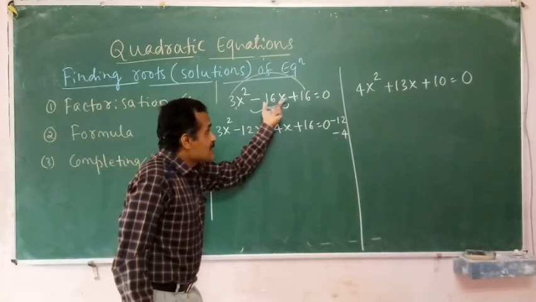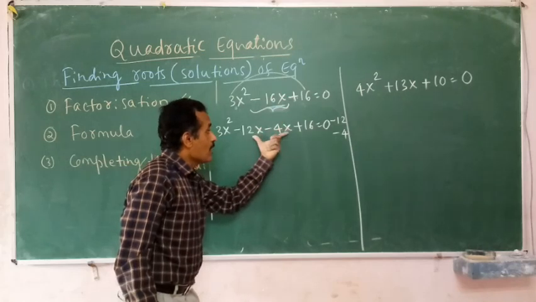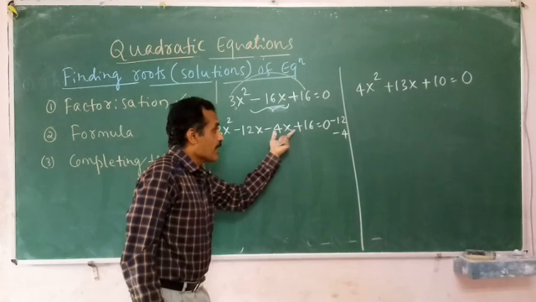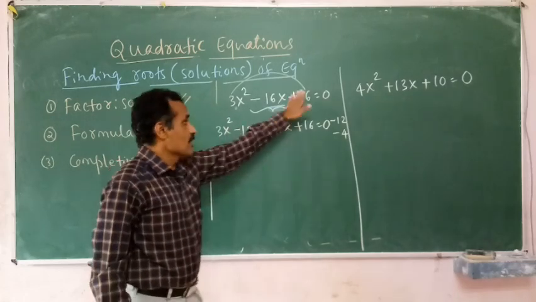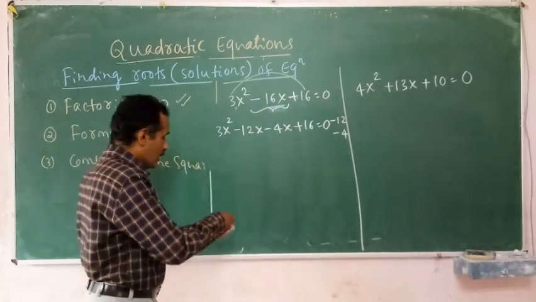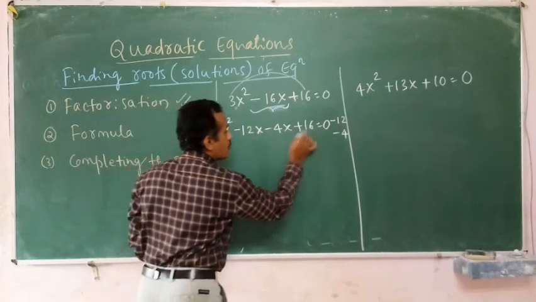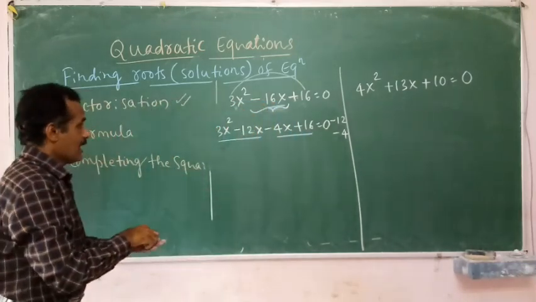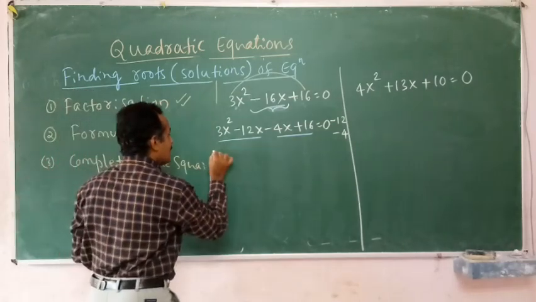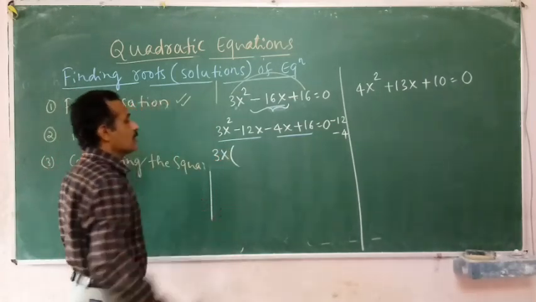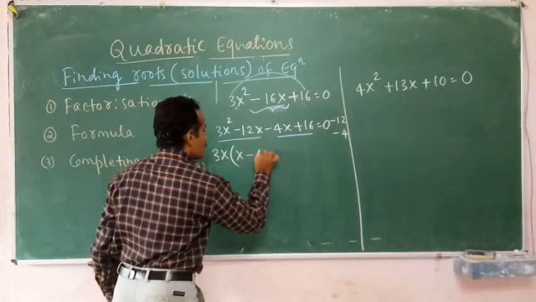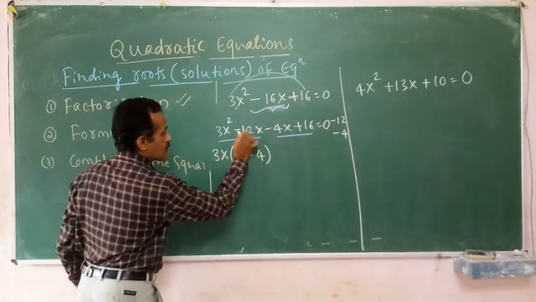I have split 16x as minus 12x and minus 4x, and the first and the last term remain the same. Now 3 terms become 4. I will make groups. What can I take common? I can take 3x common into bracket: x minus 4. See, 3 4s are 12x.